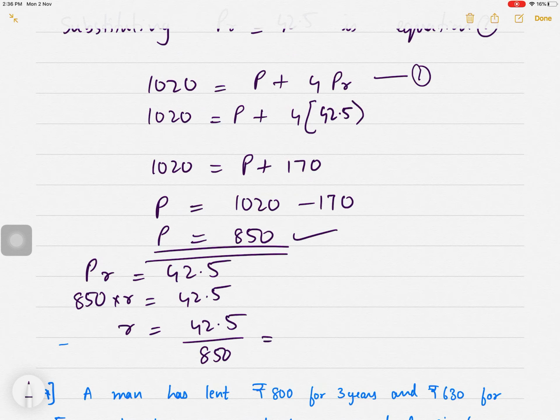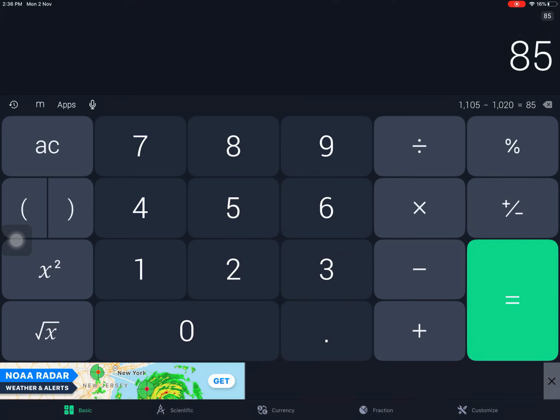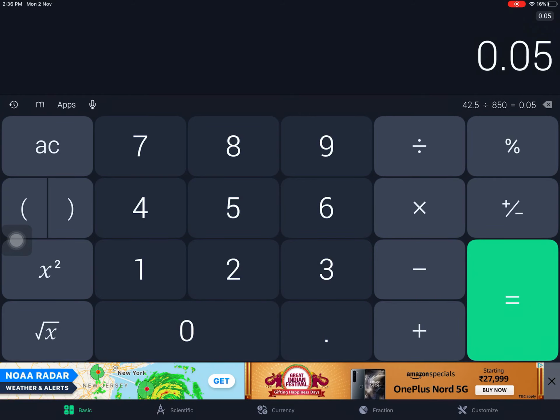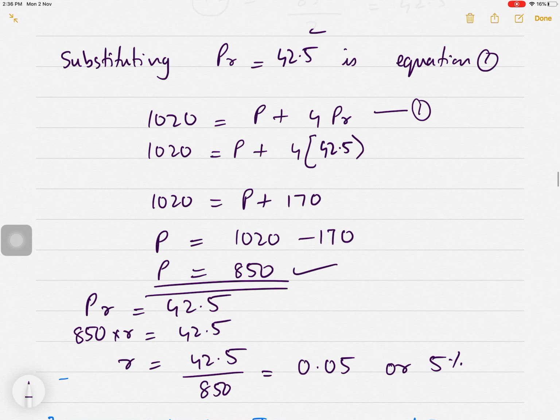When you do 42.5 divided by 850, you get 0.05 or 5%. I'll just check. 42.5 divided by 850. Yeah, it comes to 0.05.